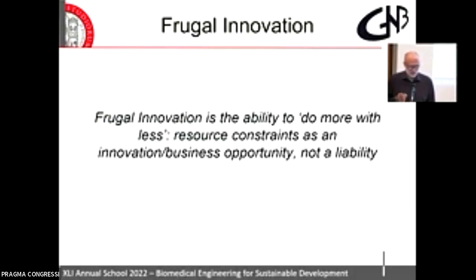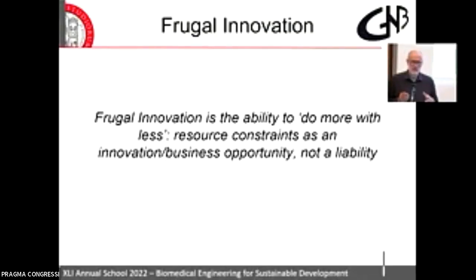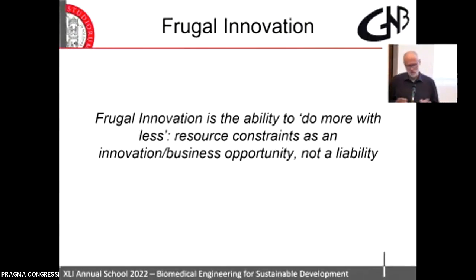What is frugal innovation? It's the ability to do more with less. This is the incipit of the book, so that resource constraints are considered an innovation and business opportunity, not a liability.